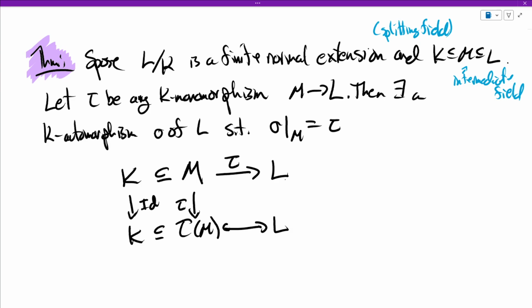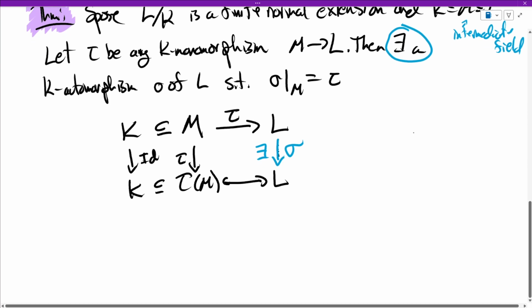What this is saying is you can extend, let me do it in blue, you can extend to some sigma such that the diagram commutes. Now, if diagrams commuting isn't helpful, that's fine. If it is, this is what it's saying: there exists a sigma that makes it commute. Now, this is existence, not existence and uniqueness. In general, there may be lots of different sigmas that make it commute. So we know there exists at least one.